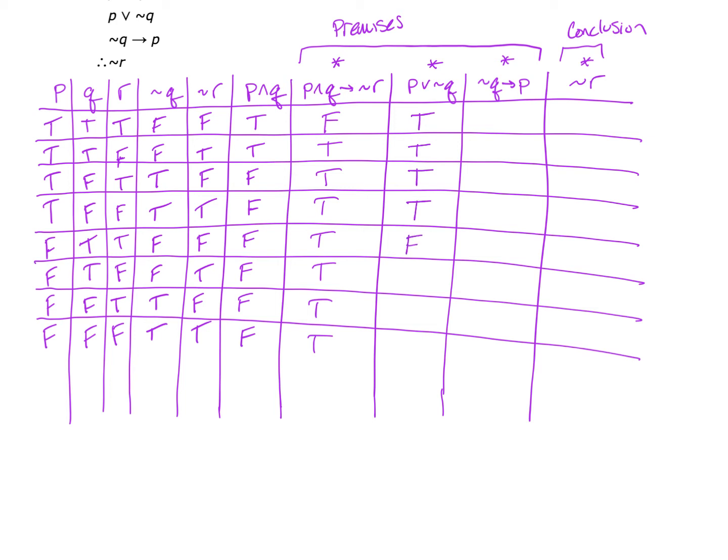So that's false. Then P or not Q, false, false is false. And then false, true, and false, true. So the last two are true.